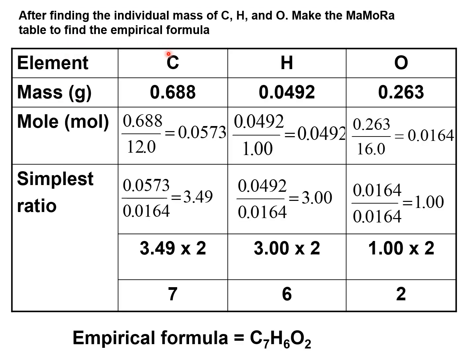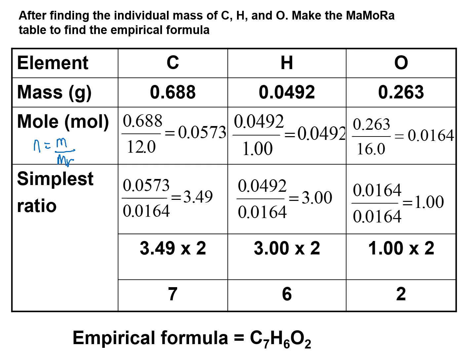Lepas dah jumpa individual mass untuk carbon, hydrogen dengan oksigen, maka you bolehlah buat memorial table untuk cari simplest ratio supaya kamu dapat empirical formula untuk sampel yang disebutkan dalam soalan tadi. So masukkan mass yang kamu dah jumpa, hasil perkiraan mole concept yang kamu dah apply tadi, and then kira number of mole for each of the elements, which is you know that number of mole is equals to mass divided by molar mass.